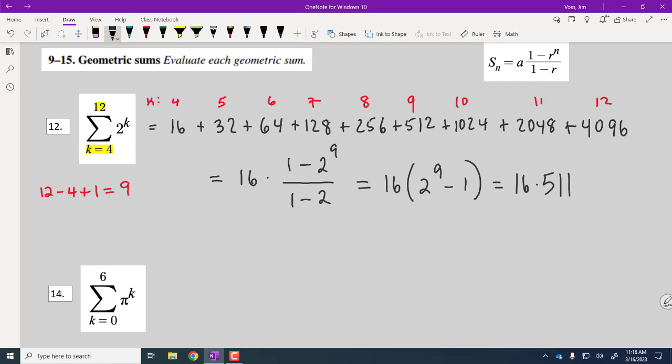She can factor so well. That's impressive. And then what's 511 times 16? Hey Siri, what's 511 times 16? There we go.